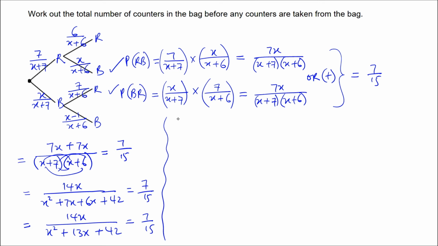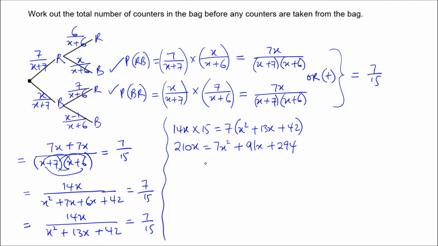At this stage, we can solve this equation by cross multiplying. So you'll have 14x multiplied by 15 equal to 7 into x squared plus 13x plus 42, and this will be 210x equal to 7x squared plus 91x plus 294.